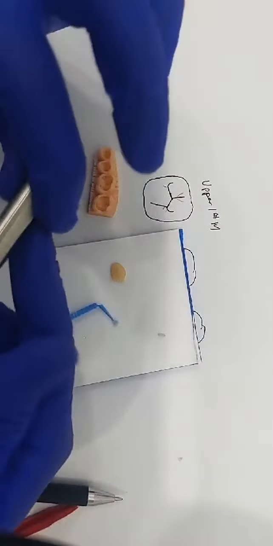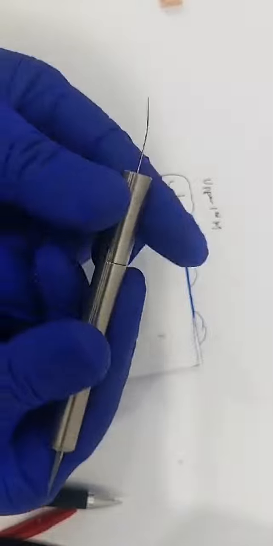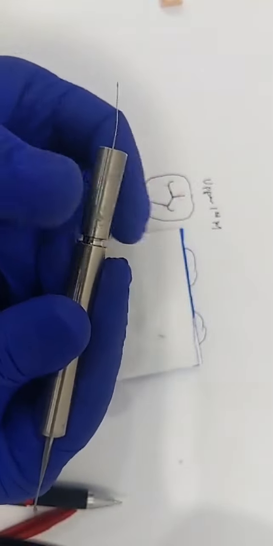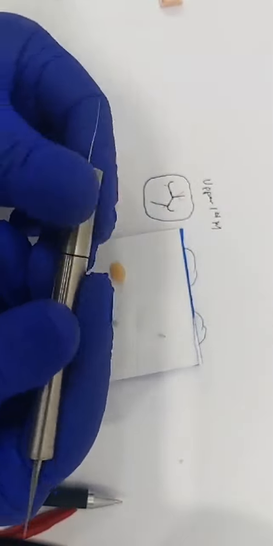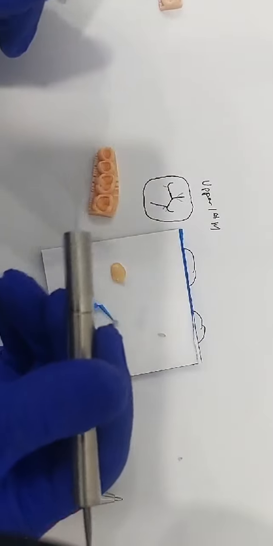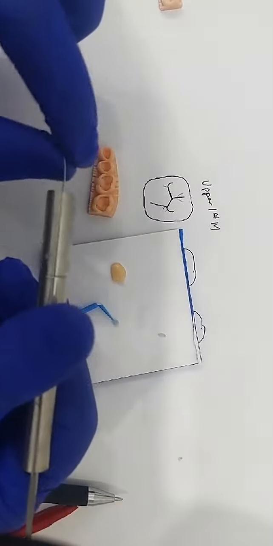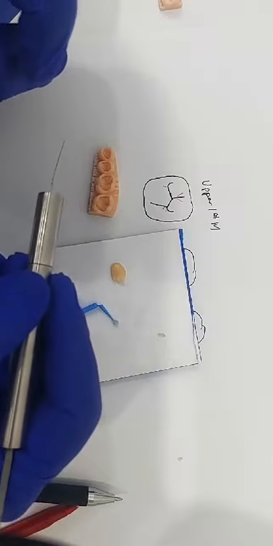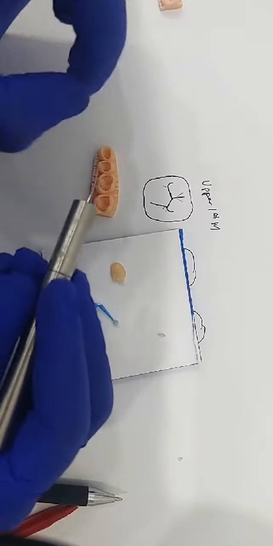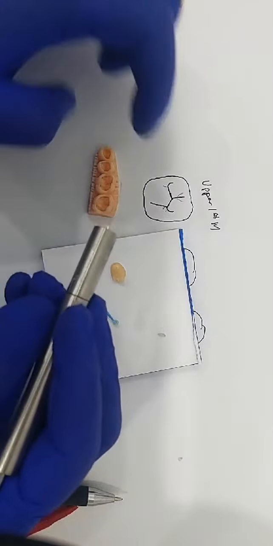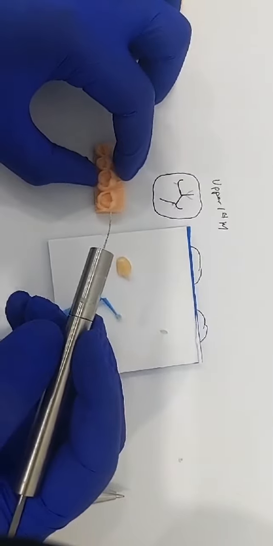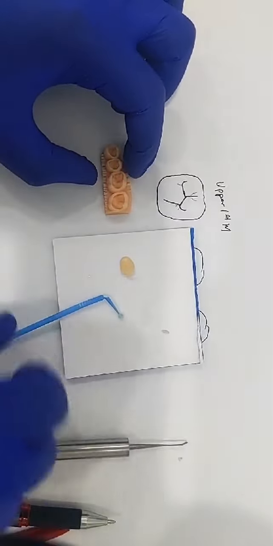And then on the other end, we can attach any file you like. I prefer a size 15 file. Just make sure you get stainless steel files. I accidentally bought some nickel titanium and they don't bend, which sucks.